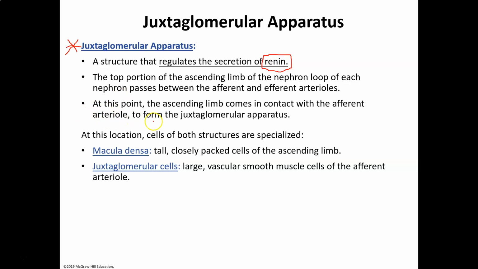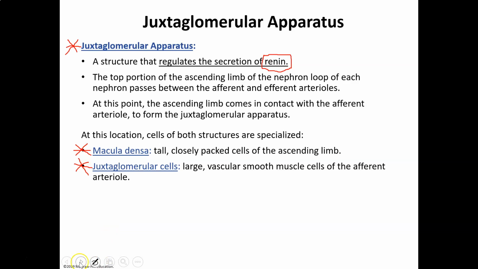At this point, the ascending limb comes in contact with the afferent arteriole to form the juxtaglomerular apparatus. These are nice words, but they don't mean a thing until you look at it. There are two tissues you need to be aware of: juxtaglomerular cells, and a structure called the macula densa.